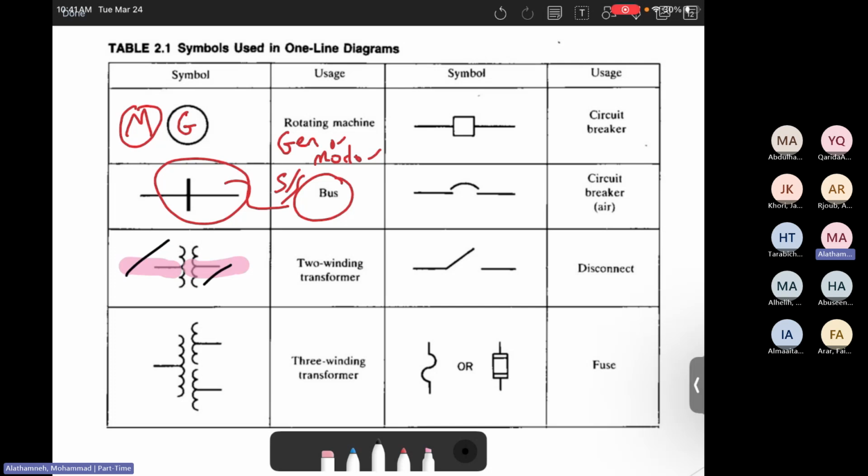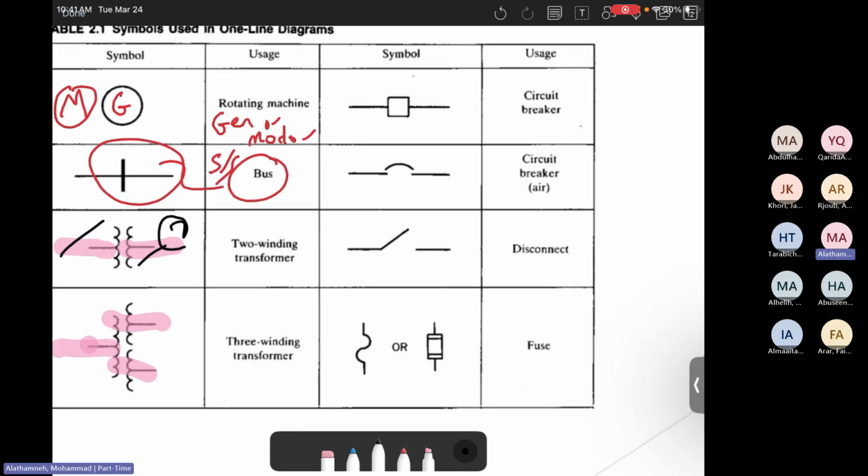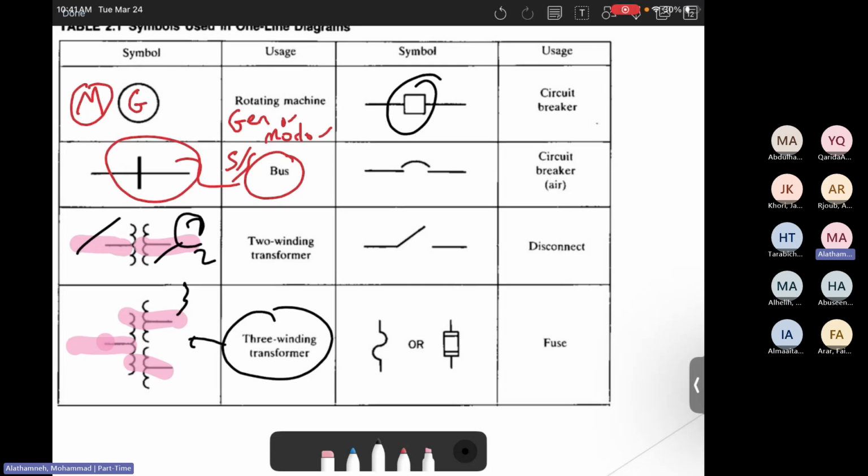So one, two windings. Three winding transformer has multiple inputs, multiple outputs. So one, two, three. Therefore, this is called a three winding transformer because we have three, and the other one was two winding. Then the other one, when you see the square, this means a circuit breaker.